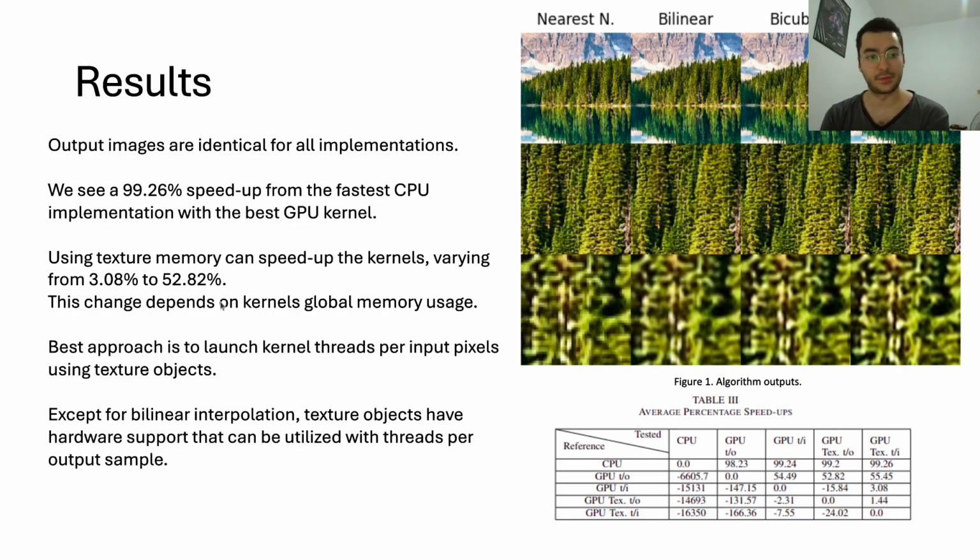The more heavily a kernel depends on global memory, the more its speed up will depend on using texture memory. So the best approach, as I said, was to launch kernels with threads per input pixels using texture objects, except for bilinear interpolation.